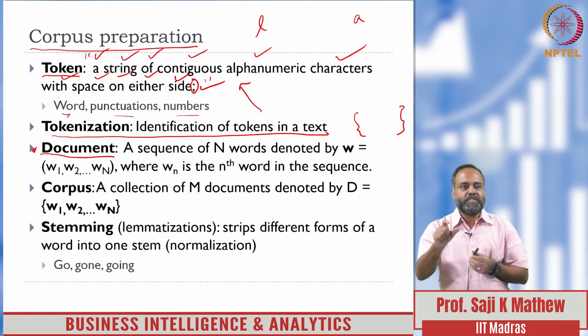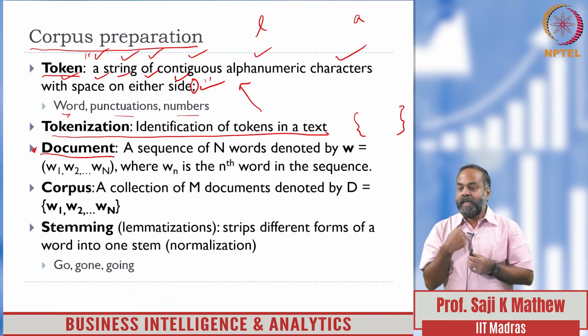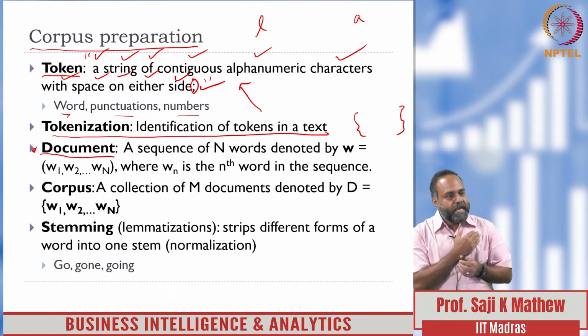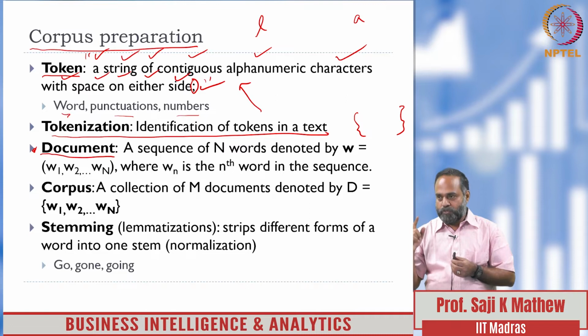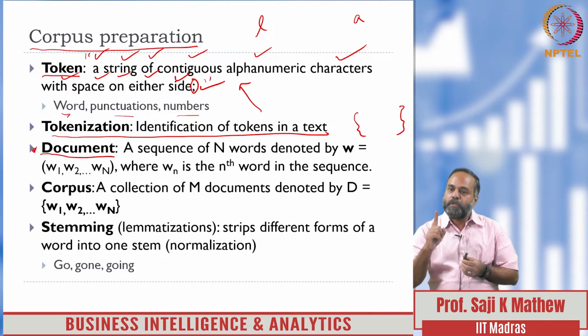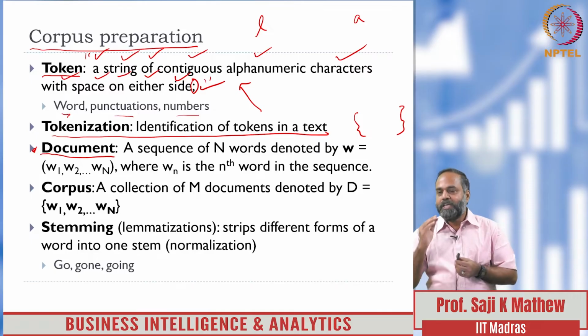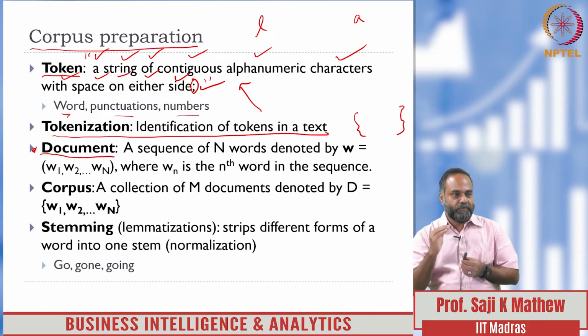Each is posting. A discussion forum consists of a number of posts, n number of posts. What is a document here? Each post is a document. Your analysis is at the post level.